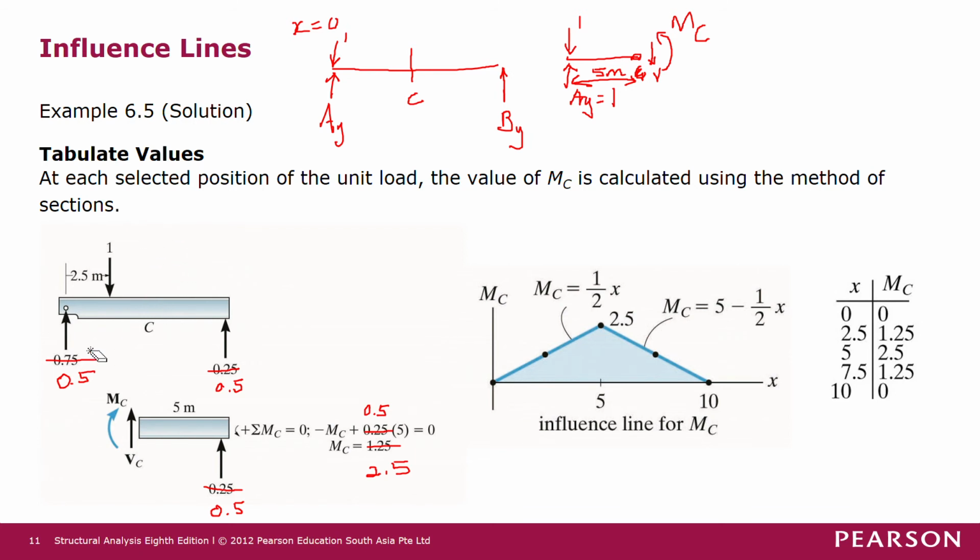We move on to place the 1 unit force at 7.5 meters. So now we move this force here to 7.5 meters. This is still 1 unit force, and there's no more force here.